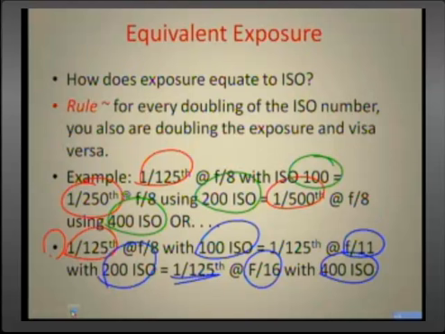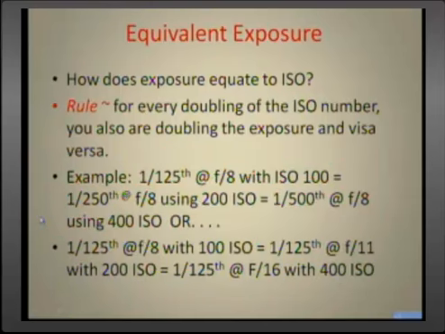I can always increase my depth of field by closing down to f16 if I can go to a higher ISO setting or a higher film speed setting. And so this is how these are all beginning to tie together, so that you can understand how film speeds and shutter speeds and f-stops all tie in together.